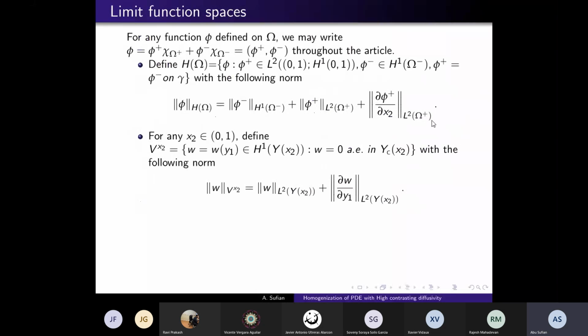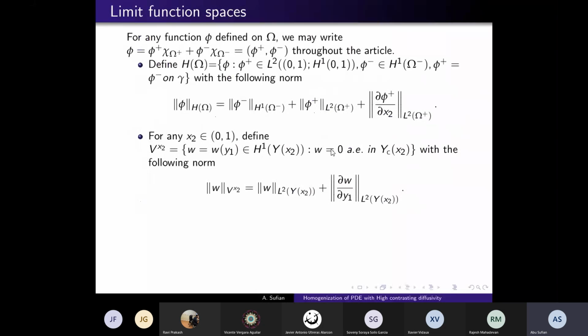Now, for our analysis, we need some cross-sectional cell problems. For each x2, we denote a function space corresponding to Y x2 by V x2. V x2 is the collection of all w belonging to H1 of Y x2, which is a one-dimensional set, such that w is 0 on Y C x2, the projection corresponding to the conductive part.